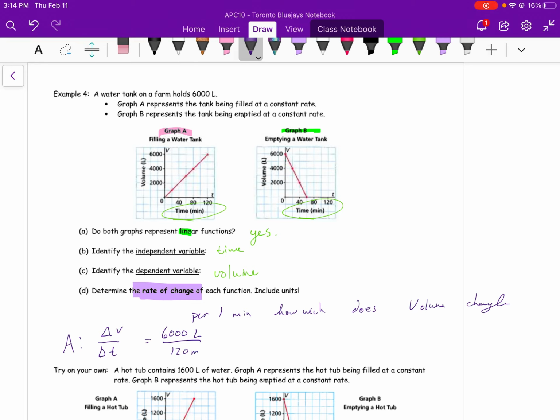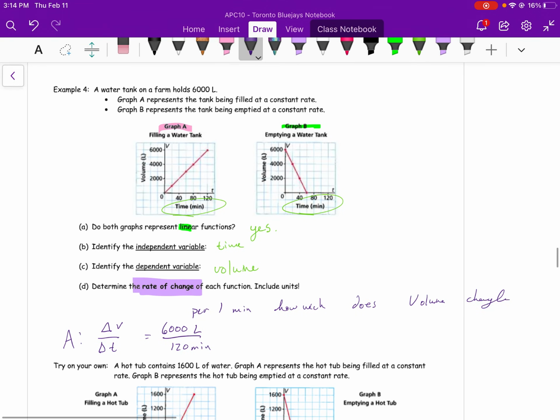So my rate of change is 6,000 liters divided by 120 minutes. If I divide both top and bottom by 120, I get 50.